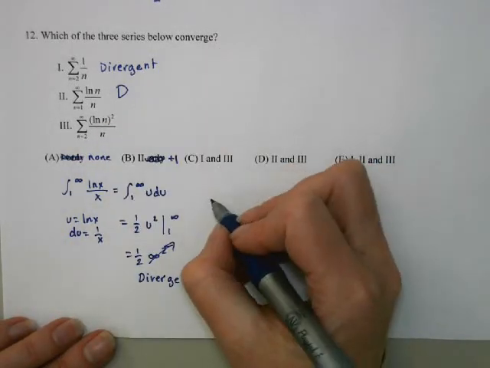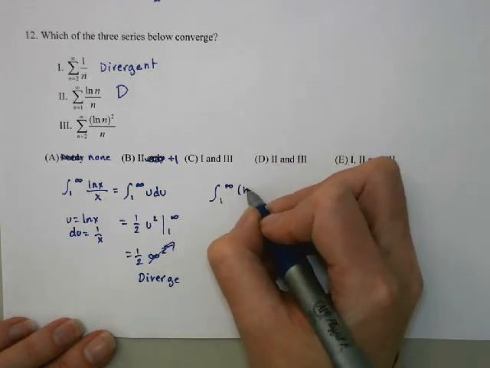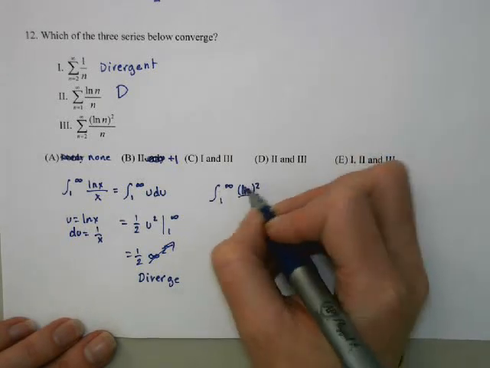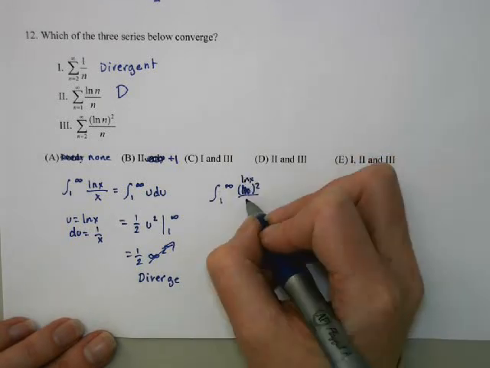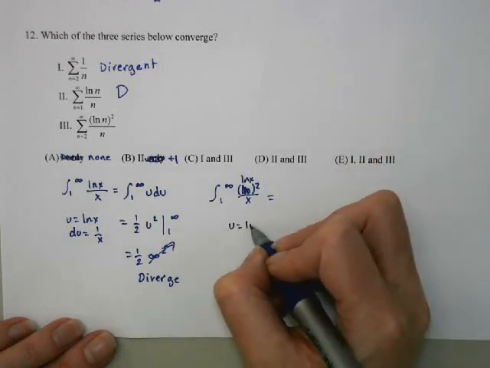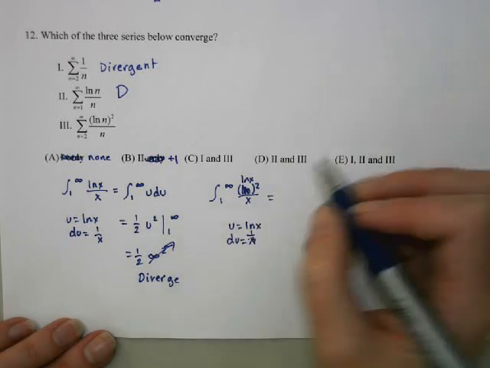Okay, this one's going to be pretty much the same with a squared. ln squared x. u equals ln x, du equals 1 over x.